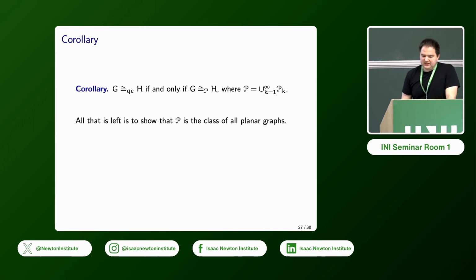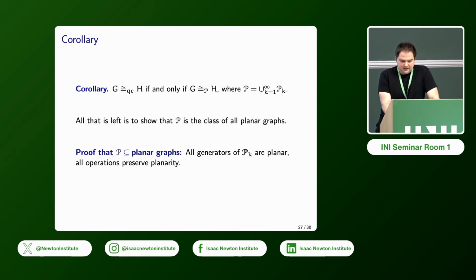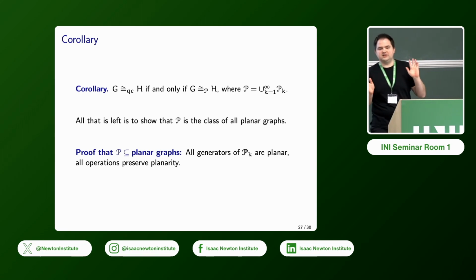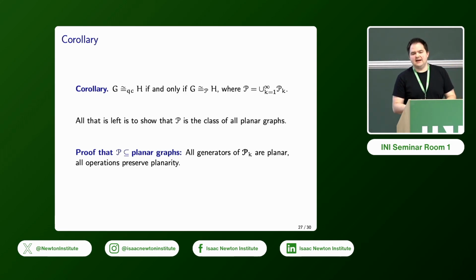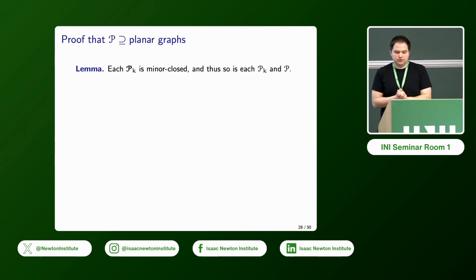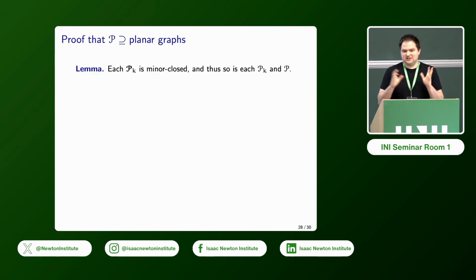The one inclusion is that the generators of this PK are planar, and these operations preserve planarity, so we can argue that. The other inclusion is that this class PK is closed under minors.